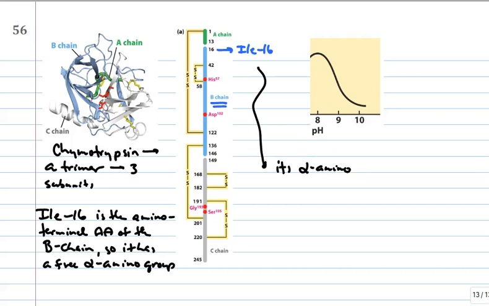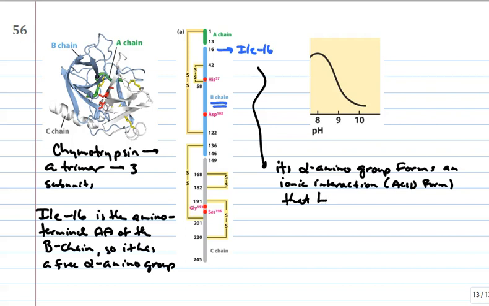Its alpha amino group forms an ionic interaction in the acid form that helps stabilize the active site of chymotrypsin.